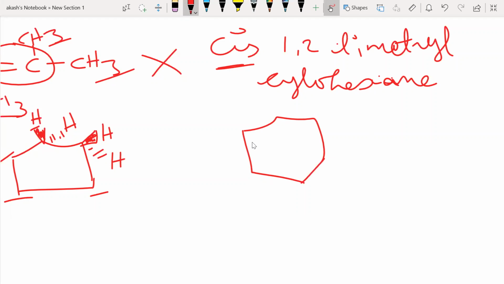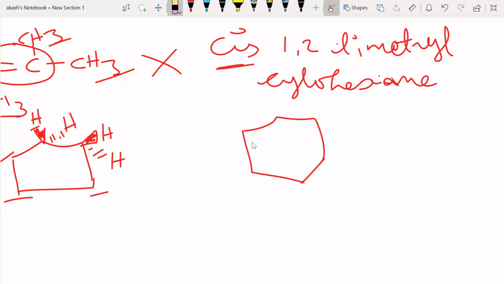Now in the first position and second position, I have a methyl group, right? So normally, how do we do it? We put a line and another line. This is just 1,2-dimethylcyclohexane. But what they have mentioned here is cis, so I cannot just draw it like this. I have to mention the orientation, whether it's pointing towards you or away from you. So how do I go about it?